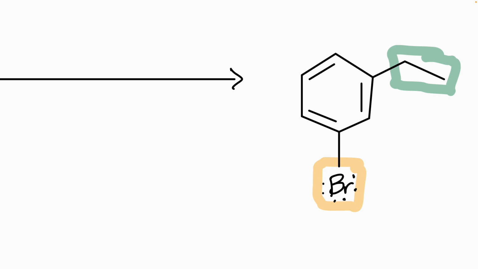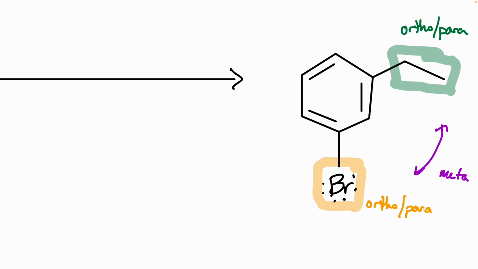Ortho, para, meta. So they're meta to one another. And bromine's an ortho-para director, but an alkyl group is also an ortho-para director. So neither one of these is going to direct the incoming substituent to a meta position. So how do I do this here?